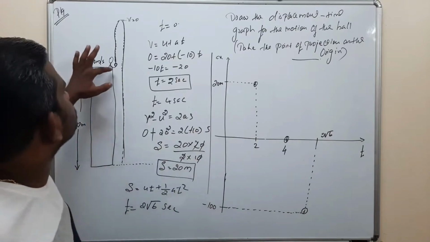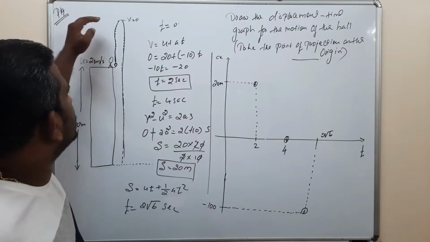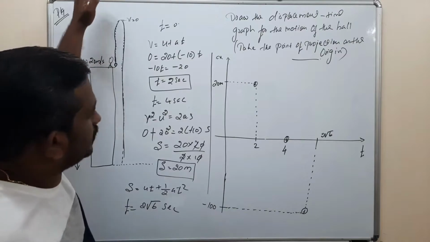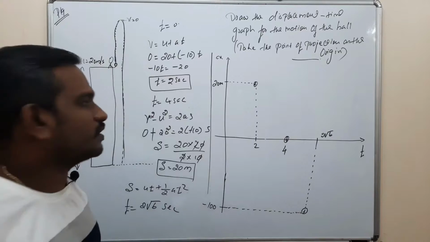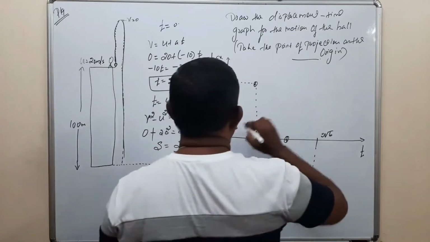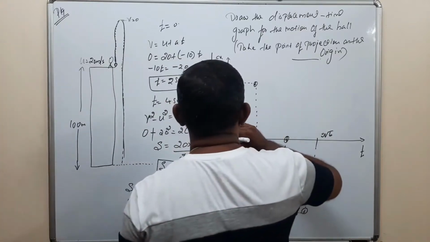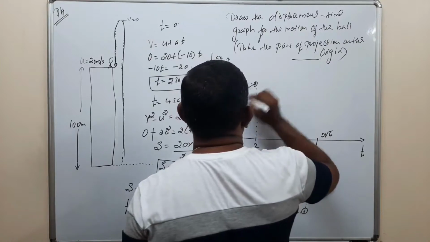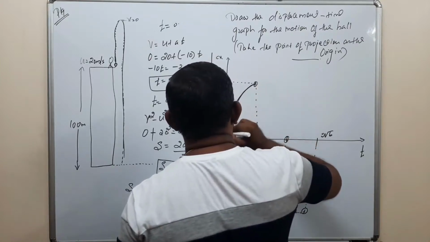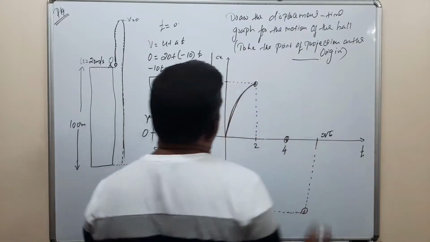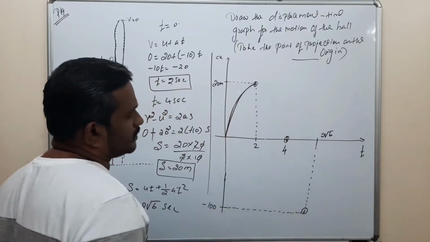When the ball is projected and goes upwards, up to 2 seconds, the velocity decreases. So the curve is like this.